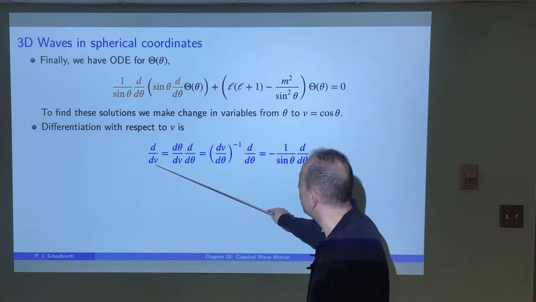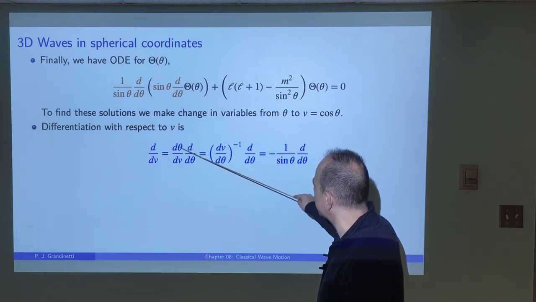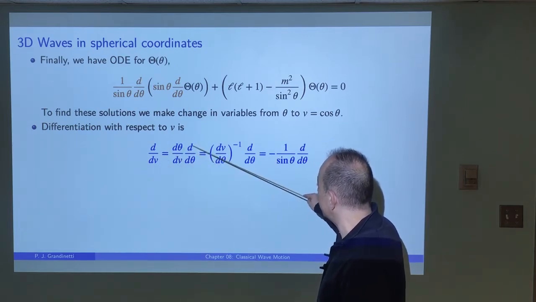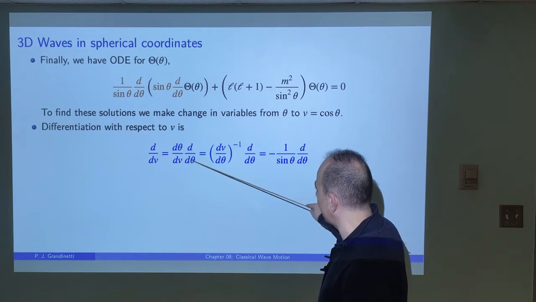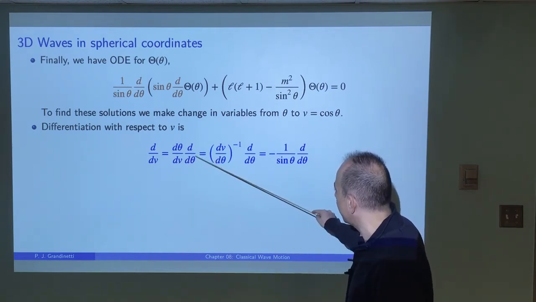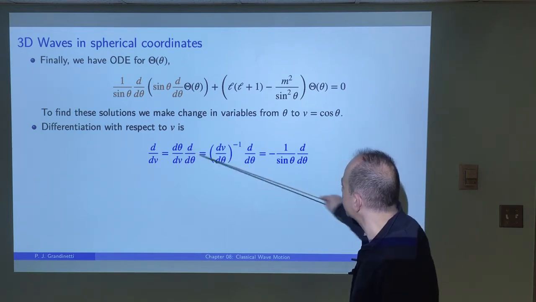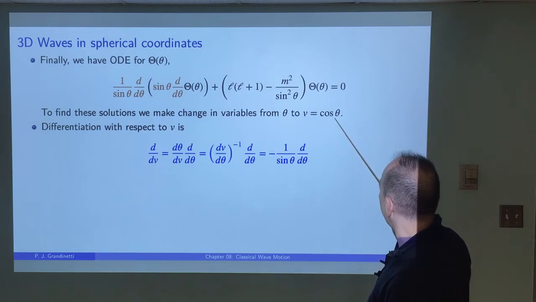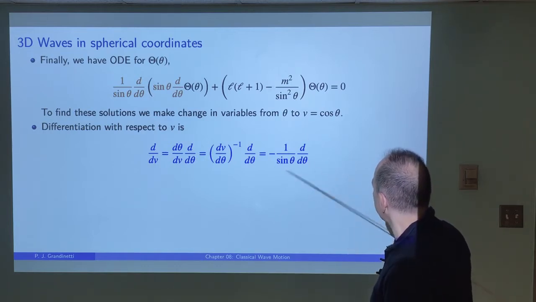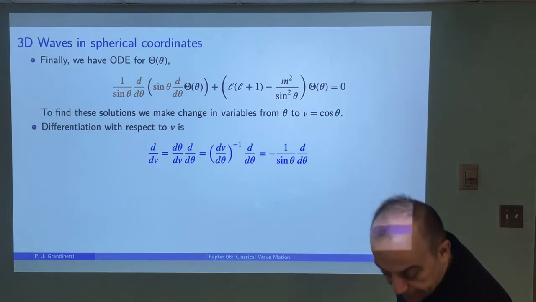The differential with respect to cosine theta, or v, we can rearrange as d theta over dv times d over d theta. You can see those cancel out here, and this is a valid chain rule type approach. Then we can flip this upside down and evaluate it, and that ends up being 1 over sine theta, and we're left with this term right here. This is relatively straightforward if you follow those few steps.